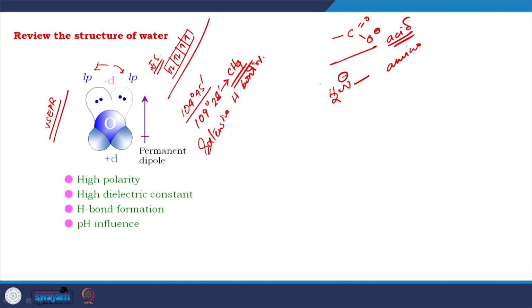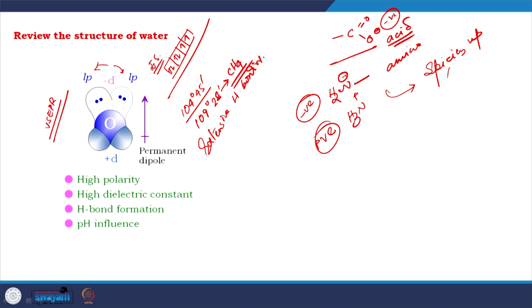It has the lone pair, so as a lone pair contributor it is a negative charge provider, but then it forms NH3 plus, so it is a positive charge provider. So because of that, nitrogen and oxygen are providing positive and negative charge. They are actually spicing up the amino acid, hence they are spicing up the protein.